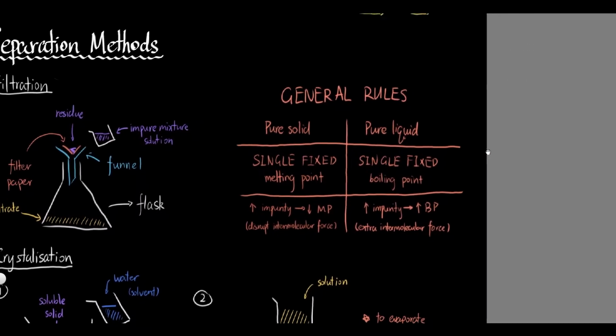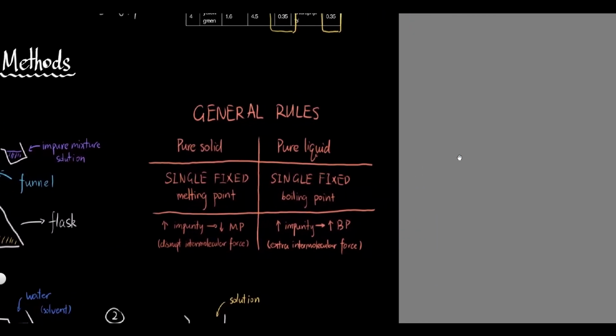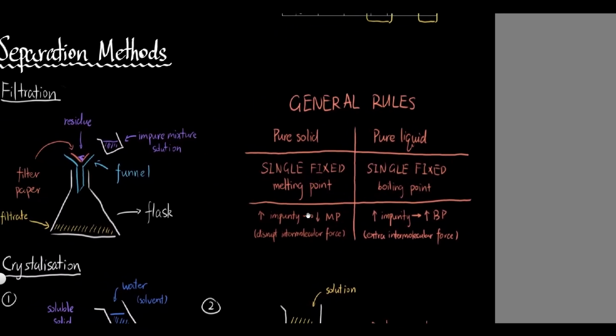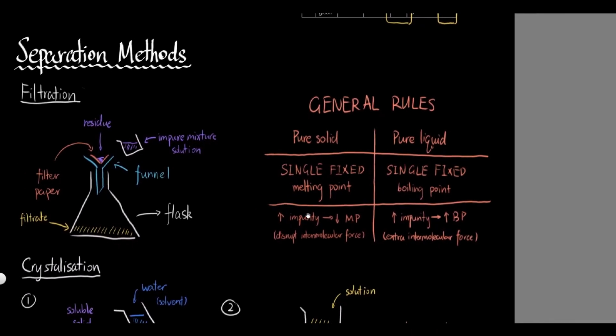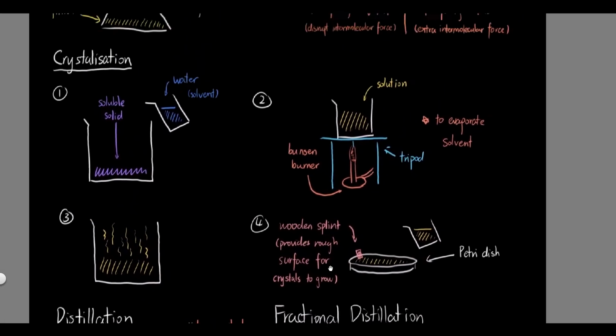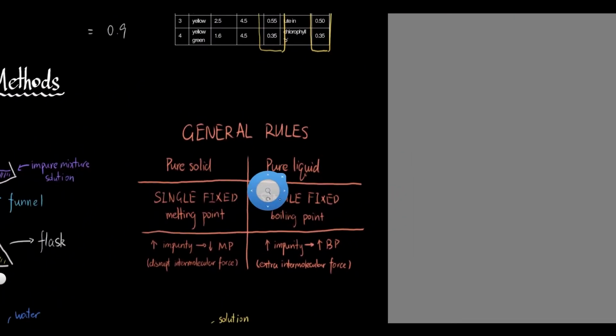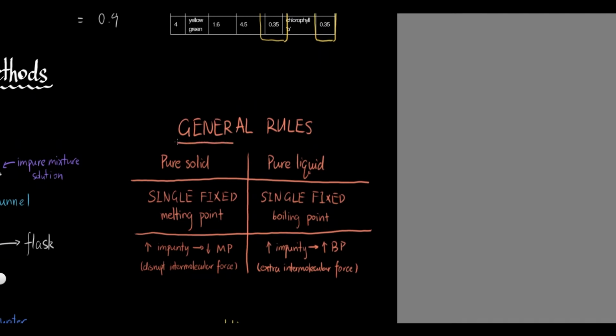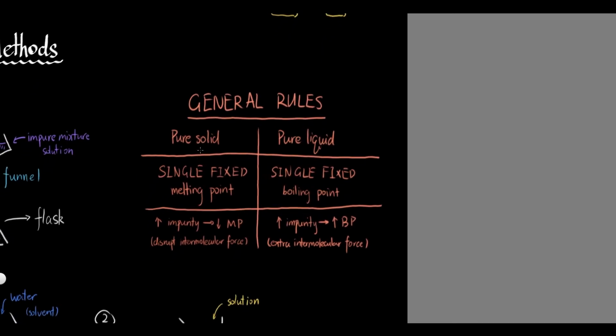So before we start looking at some separation methods, it took me a really long time to prepare for this video because I had to draw all these diagrams, but okay. Let's take a look at these general rules. For a pure solid, it should have a single fixed melting point, and an increase in impurity will decrease its melting point because a solid is a very fixed and regular structure.